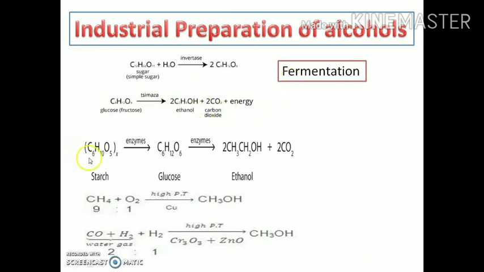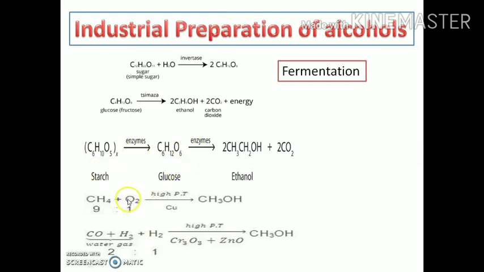Similarly, we can prepare the alcohol from starch, and the starch is converted into glucose in the presence of a biocatalyst, and this glucose can be converted into ethanol and carbon dioxide by the biocatalyst.